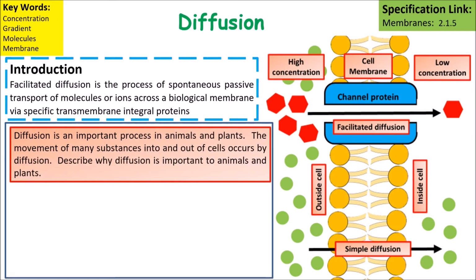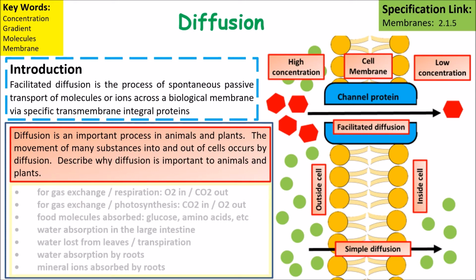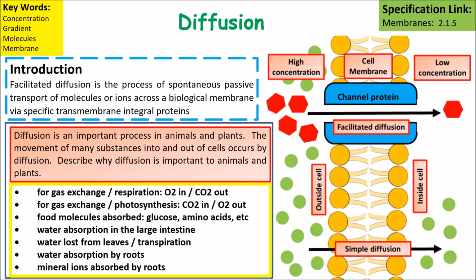So diffusion is an important process in animals and plants. The movement of many substances into and out of the cell occurs by diffusion. So describe why diffusion is important in animals and plants. The things that you would have to include: you could talk about gas exchange, either for respiration or photosynthesis, talking about oxygen or carbon dioxide, absorbing glucose or amino acids in digestion, absorbing water in the large intestine, or losing water by transpiration in the leaves.